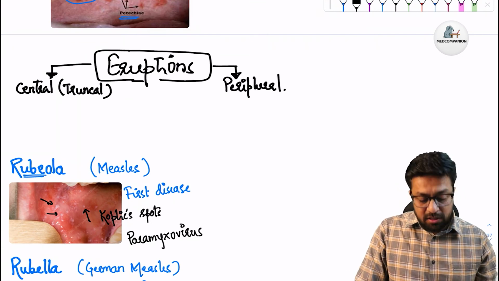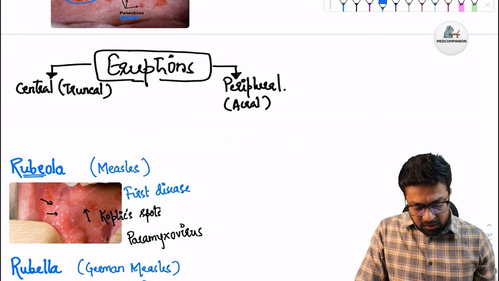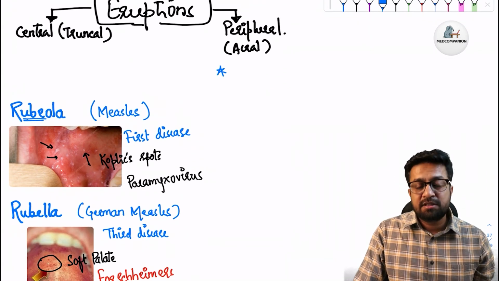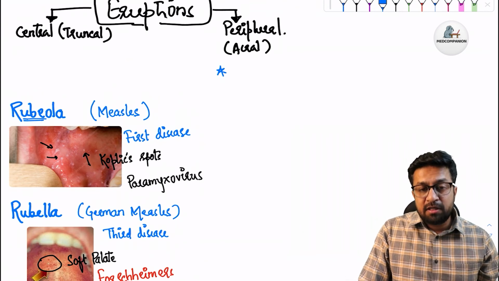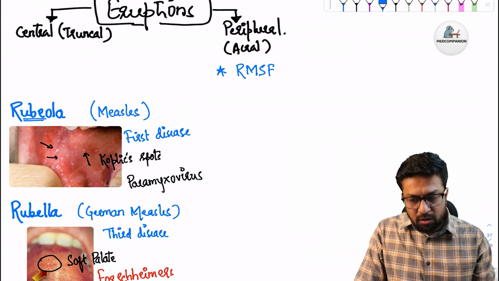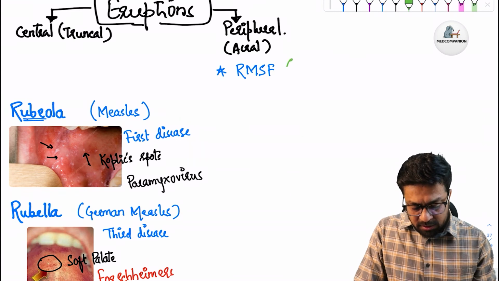Peripheral lesions generally begin in the acral areas. And what are the important causative agents, or what are the important diseases that lead to peripheral eruptions? They are Rocky Mountain spotted fever, caused by the Rickettsia rickettsii.